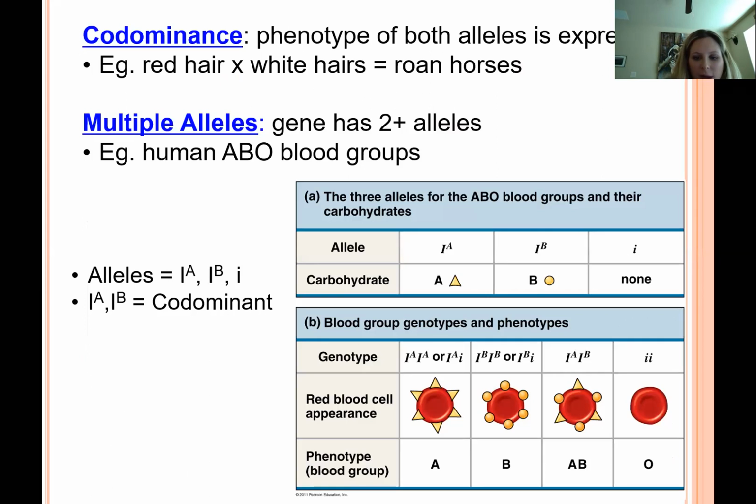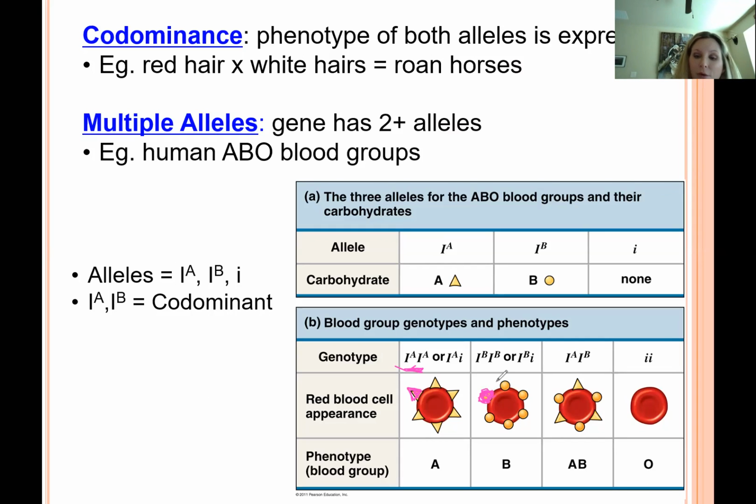If you have a dominant A allele, these are proteins and carbohydrates that are found on the outside of the red blood cell. And they're just hanging off the membrane. Remember back when we were studying cell membrane, remember the membrane has proteins and it has carbohydrates. This is a very particular carbohydrate that's hanging off of a protein on the red blood cell membrane. If you get a dominant B allele, the protein and carbohydrate are going to look different.